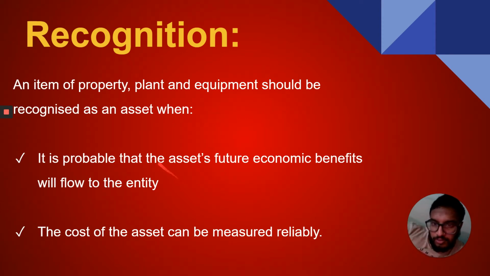So this is based upon the old framework. And then the cost of the asset can be measured reliably. You need to be able to measure the cost properly, otherwise if the measurement is not good, it's no use. It's not a relevant and faithful representation, and our main fundamental characteristics of financial statements will be breached.